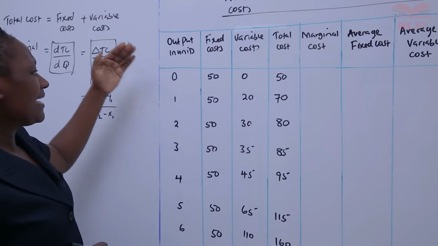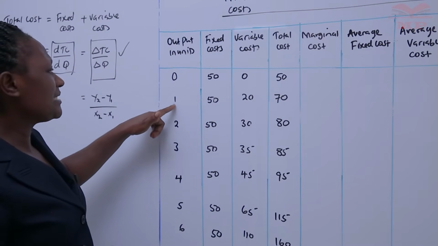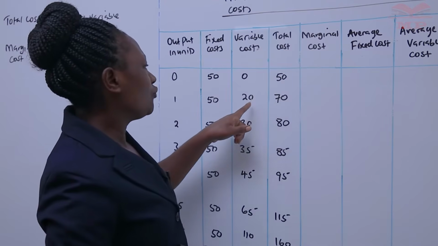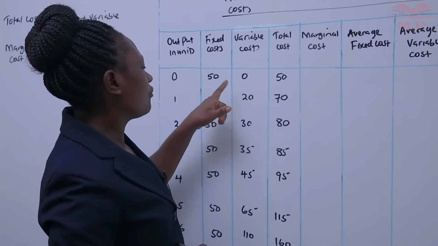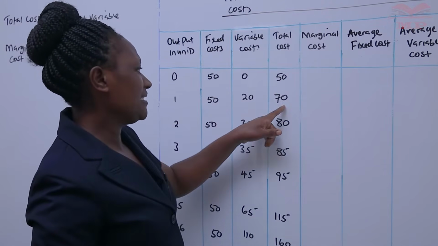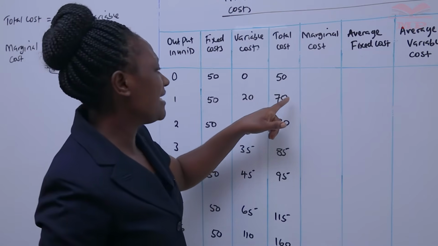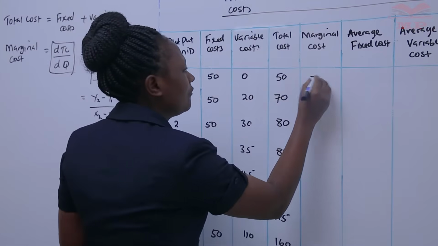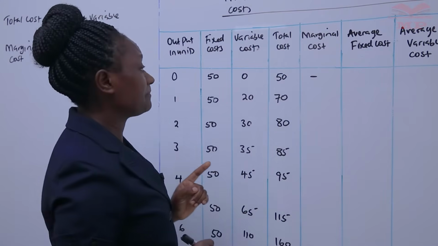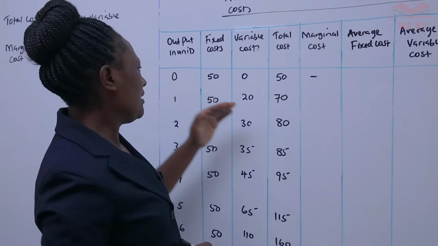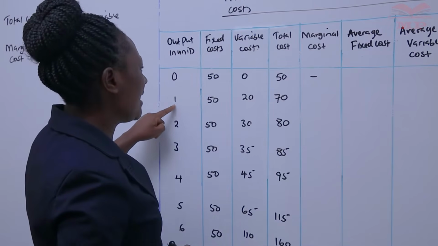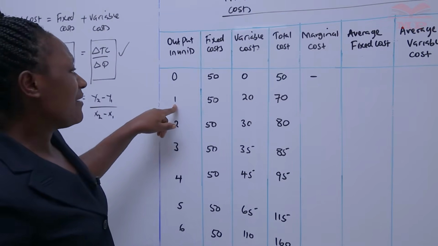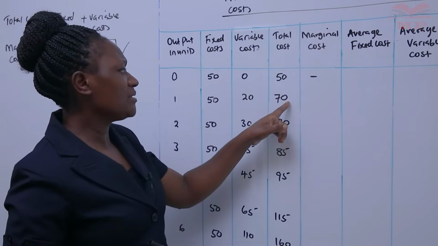When we begin to produce at unit 1, the variable cost is now 20 and it has increased the total cost from 50 to 70. So what is the change? It is simply 70 minus 50. At our zero level, there is no marginal cost incurred, but when we begin to produce 1 unit, that brings a change because of the variable cost.